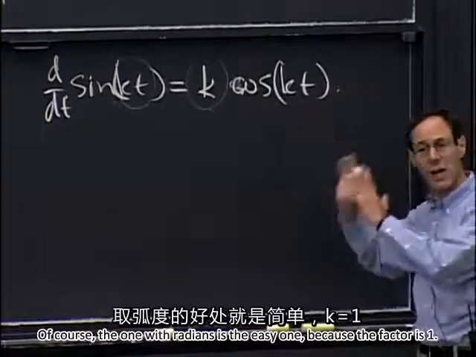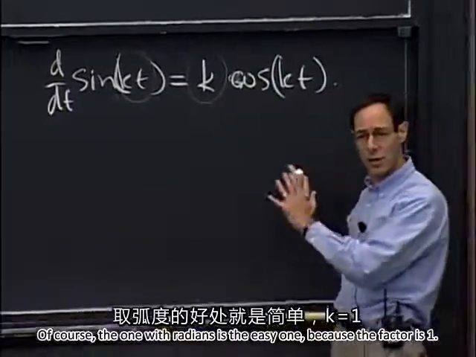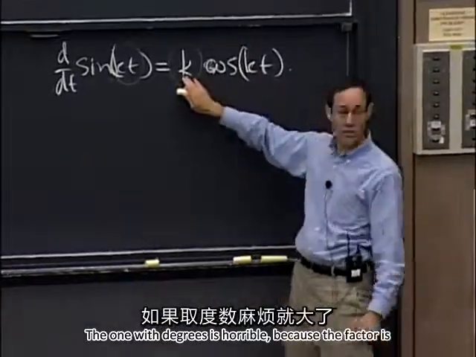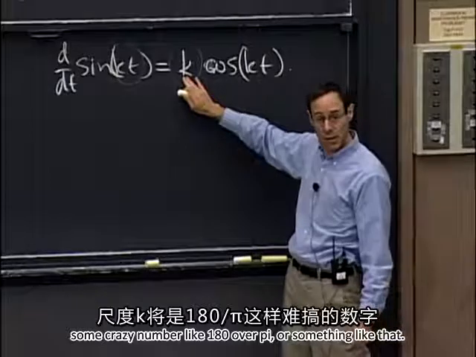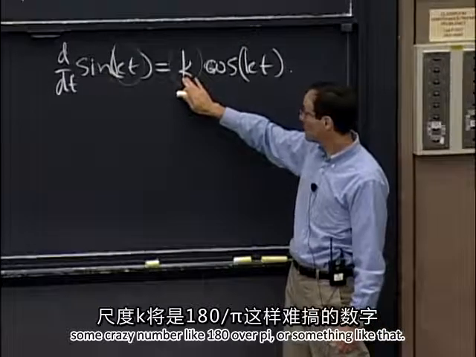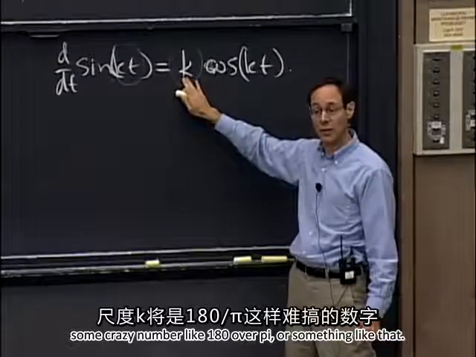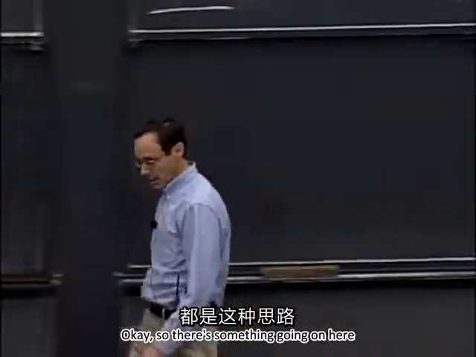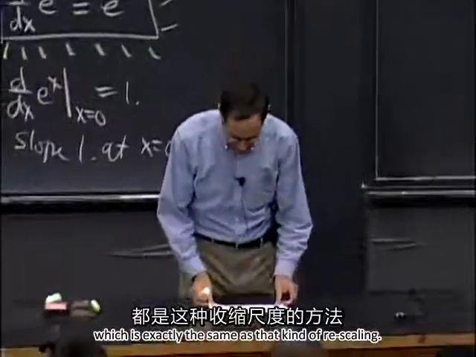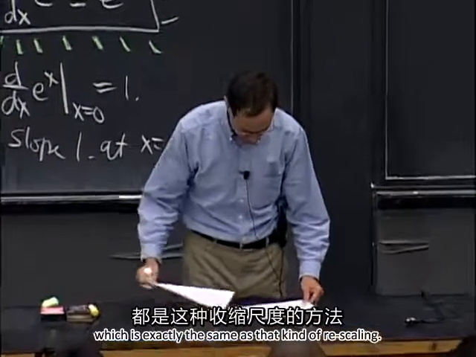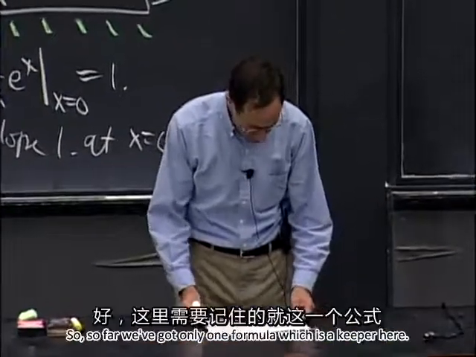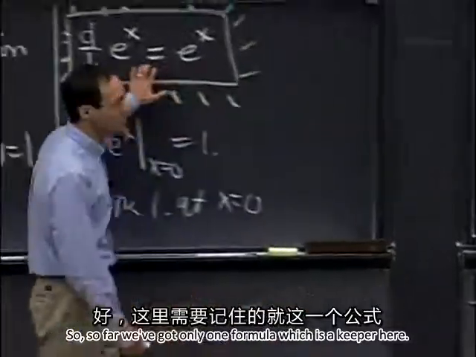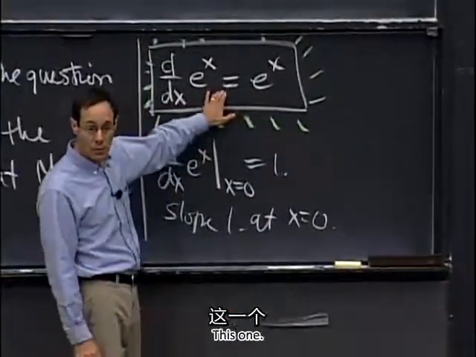But of course, the one with radians is the easy one because the factor is 1. The one with degrees is horrible because the factor is some crazy number, like 180 over pi or something like that. Okay, so there's something going on here which is exactly the same as that kind of rescaling. So far we've got only one formula that is a keeper here, this one.